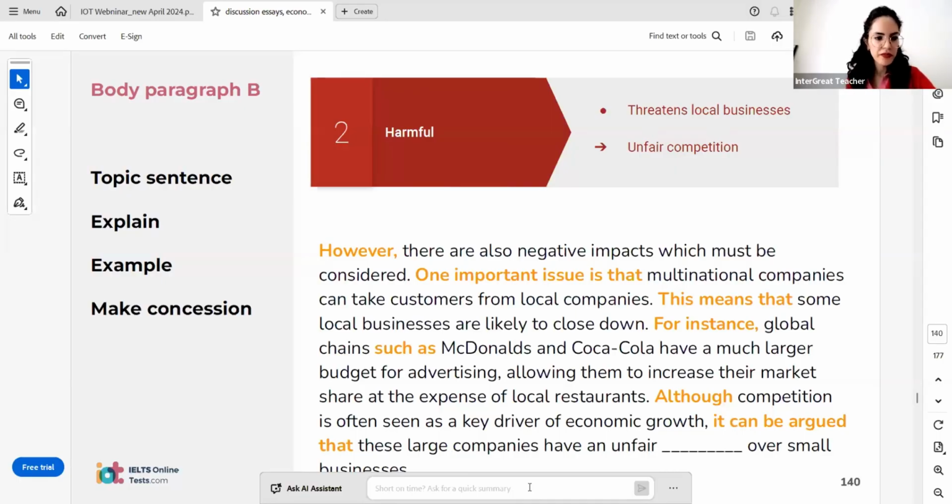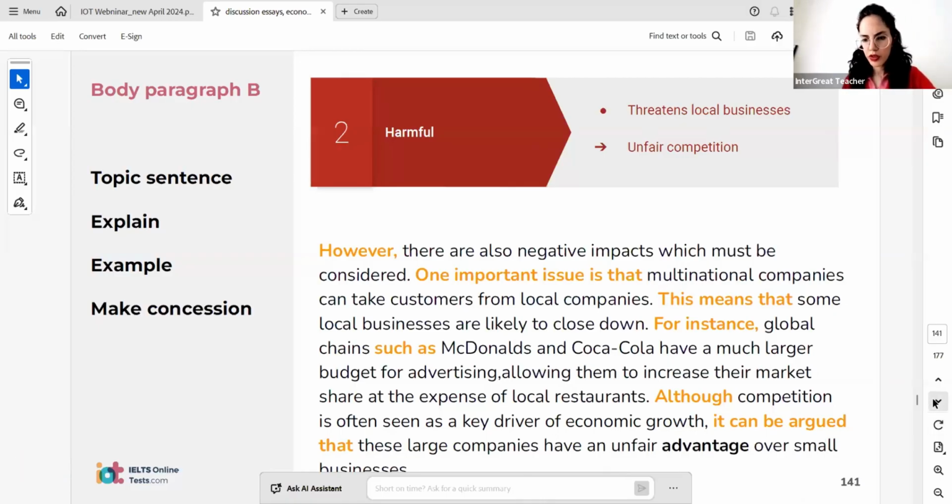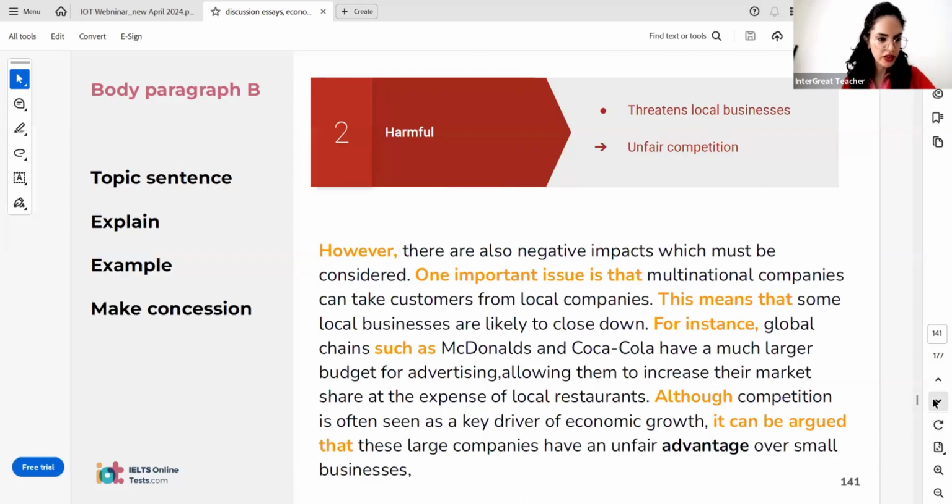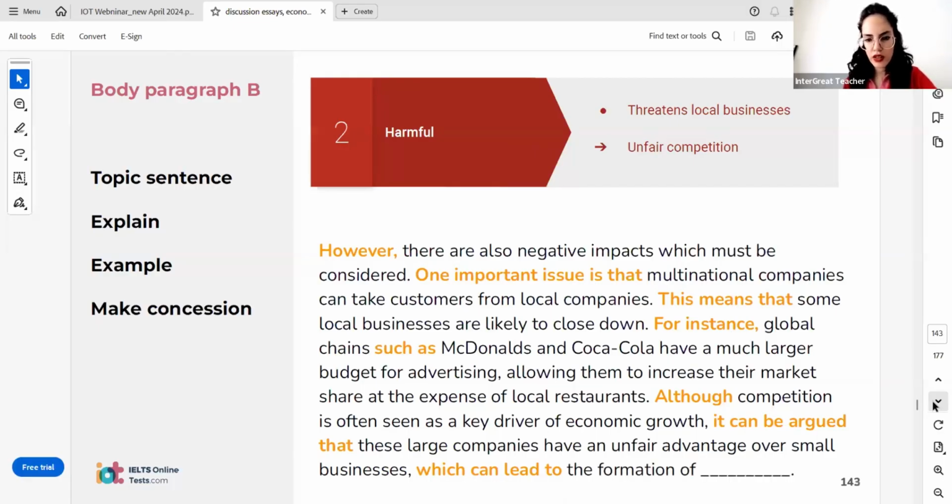Key point. Okay, that's better. Yeah, I would go with advantages. Have an unfair advantage over small businesses, which can lead to what is the effect of having this advantage?